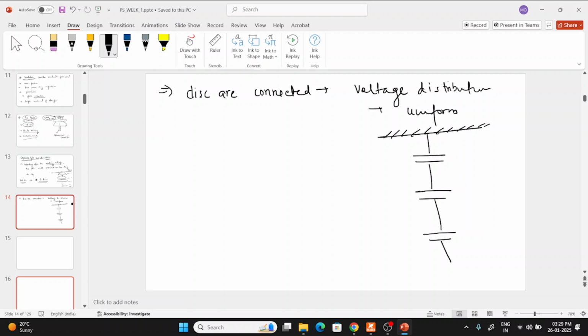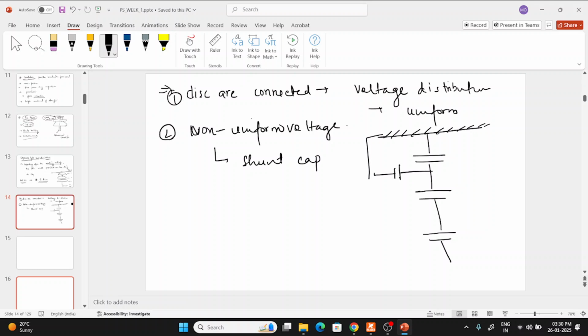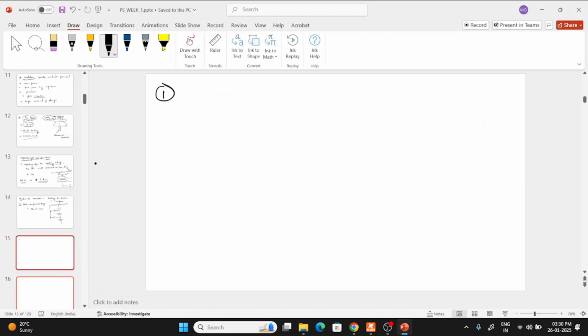And another, the second reason, for the non-uniform voltage distribution is also the shunt capacitance, like this between these. So regarding this, first I will write it down here.